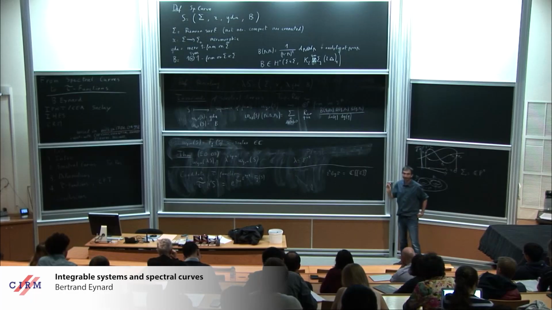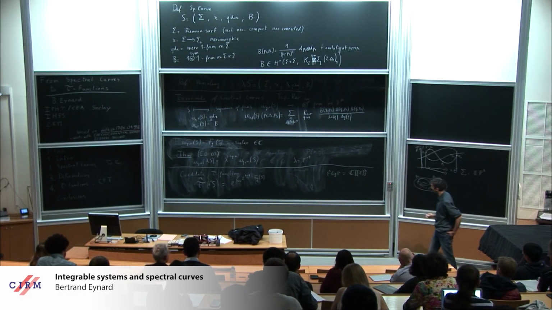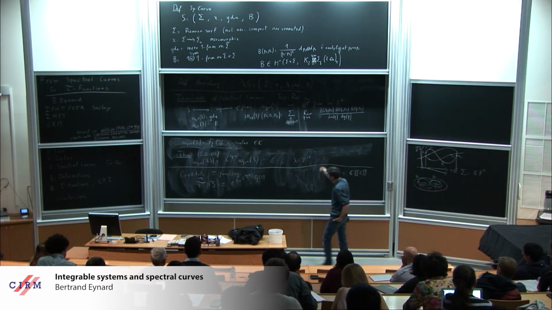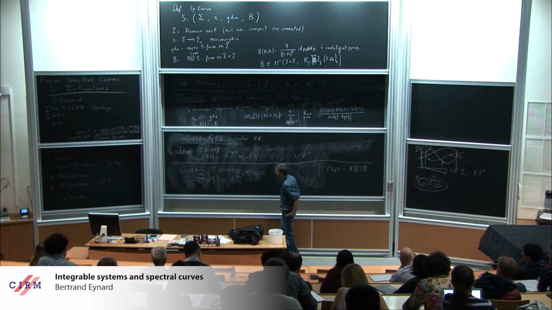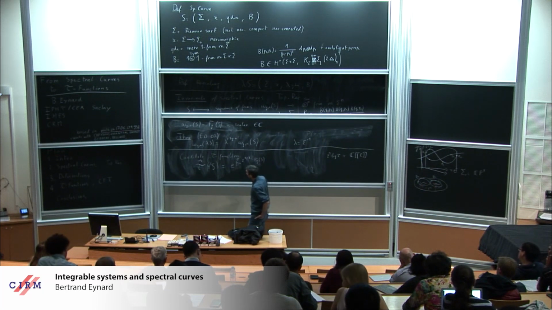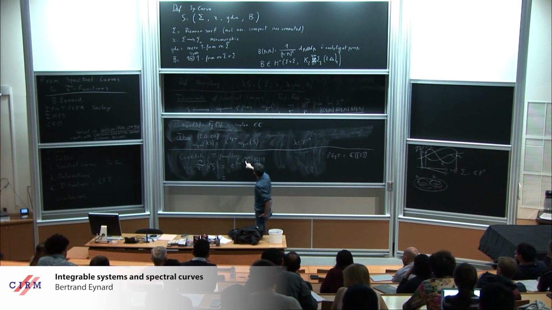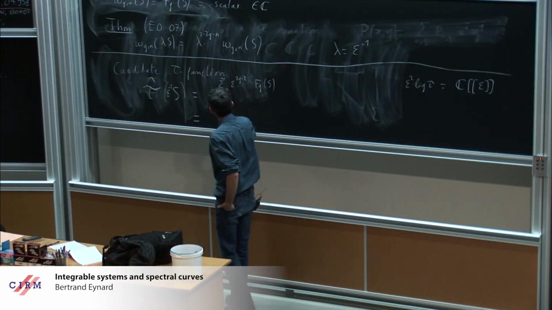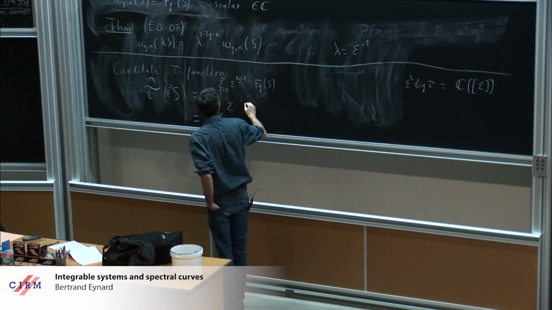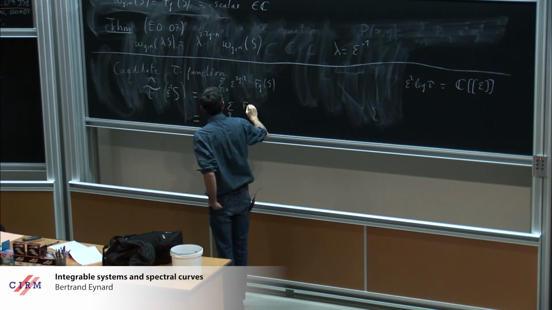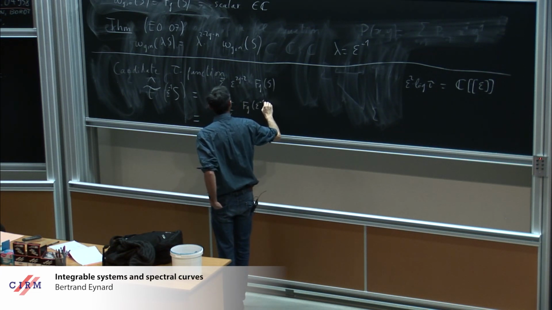So for the moment, my definition is a formal series definition. Later, but not in this lecture, I will say how to define this for epsilon equals 1, for instance. But just observe that here, the right-hand side, because of this homogeneity property, is nothing but the sum over g of fg of epsilon minus 1 s.